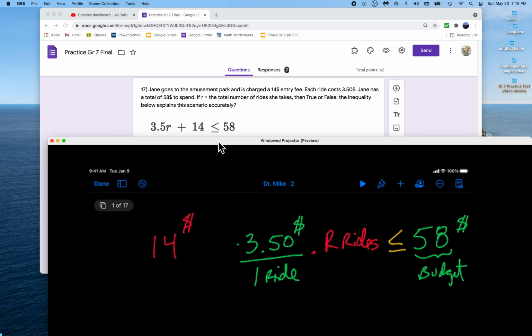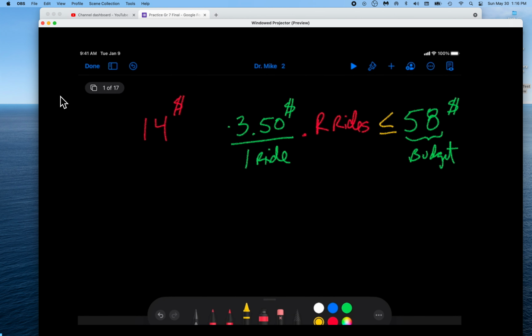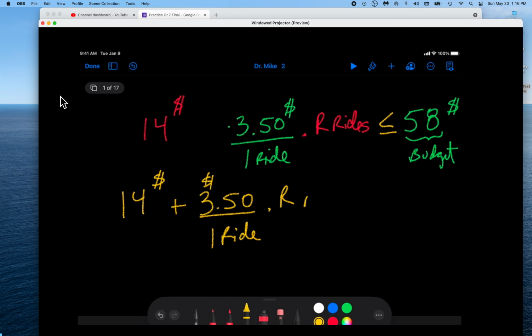Okay, so let me clean this up a little bit. Here's your $14 fee. Then we're going to add $3.50 for each ride times the number of rides, R rides, is less than or equal to $58. Watch, folks, how the units work.